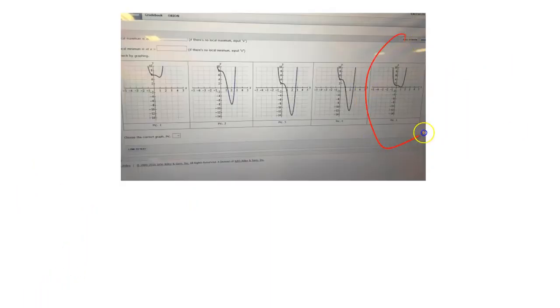It looks like this one here. So at our critical point at 0 right there, the slope was 0, but this is neither a max nor a min, and 1 happens to be our minimum. Okay?